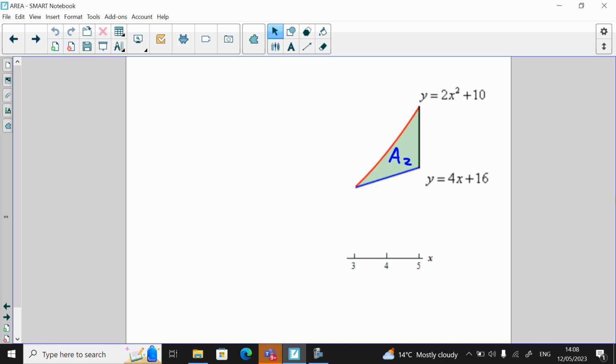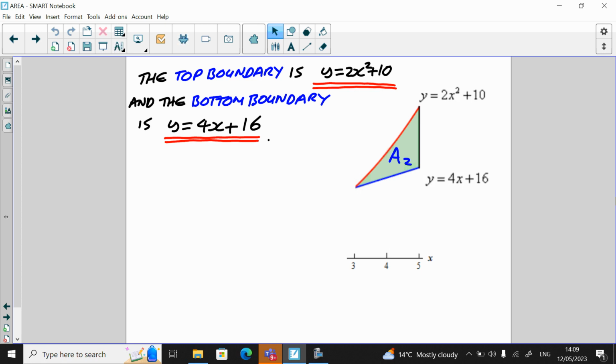So I've just chopped up the initial image and I'm only looking at area 2. And so we're interested in how this is bounded in terms of the curves and in terms of the x values and limits. So here, the top boundary this time is a parabola, y equals 2x squared plus 10, and the lower boundary is 4x plus 16.